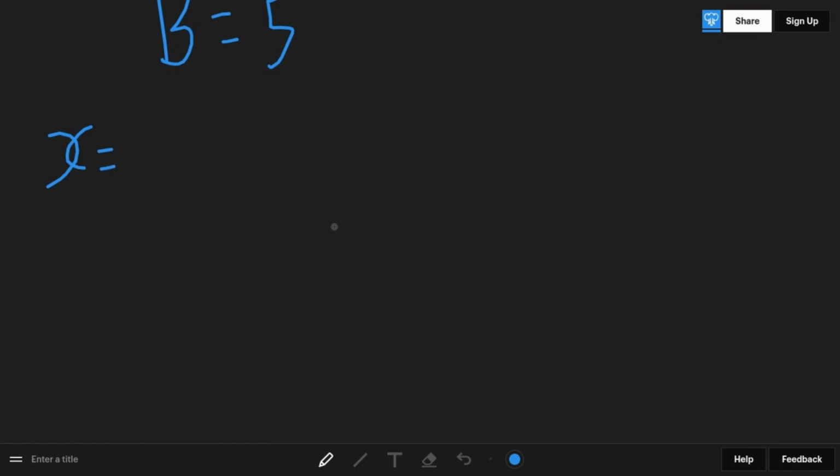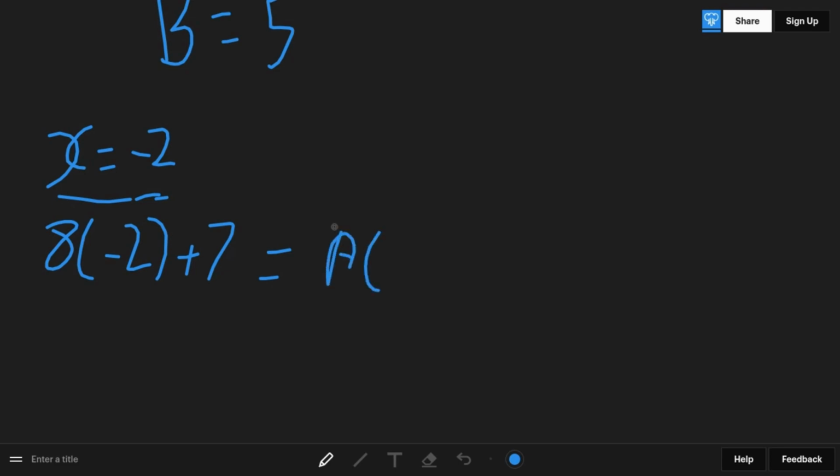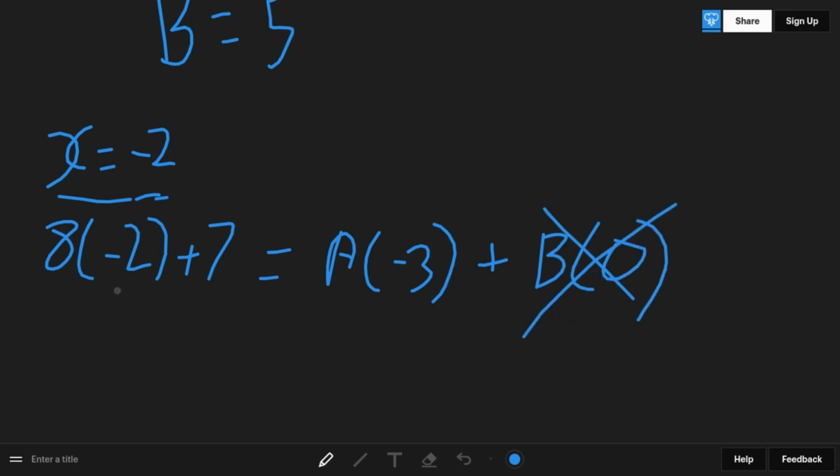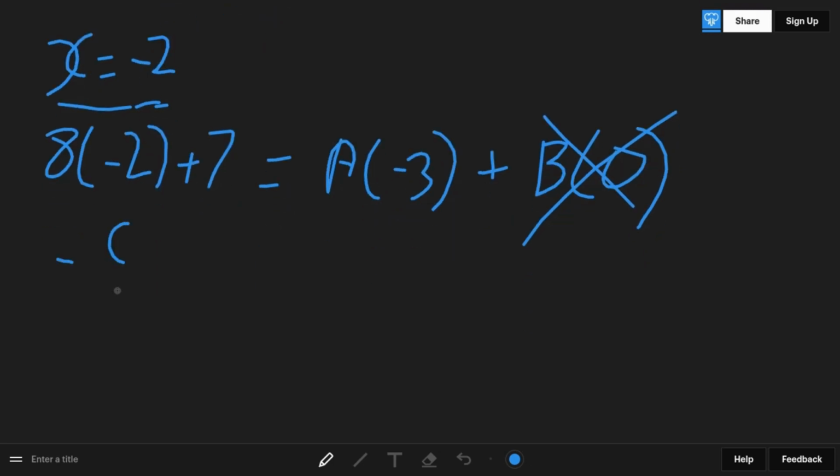So if x equals negative 2, then I'm left with 8 times negative 2 plus 7, which equals a times negative 3, since negative 1 minus 2, so negative 3, plus b times 0, which we can cancel out. So now we get negative 9 equals negative 3a. Divide both sides by negative 3 and we get a equals 3.